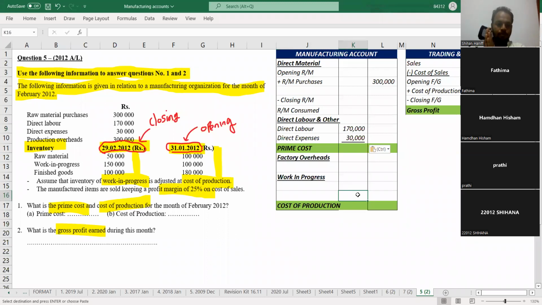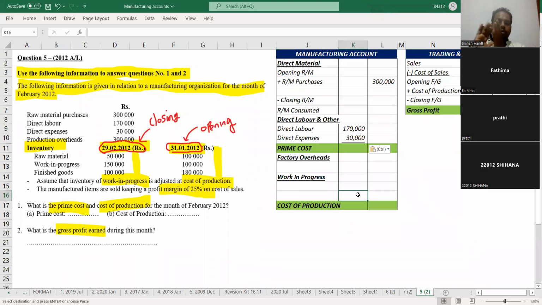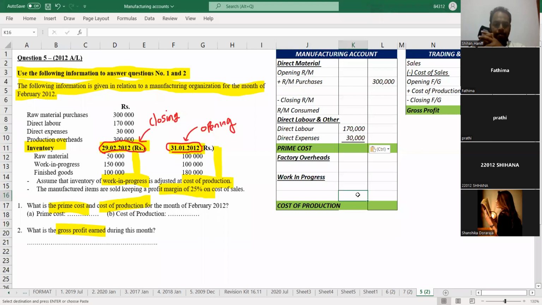Only thing is you need to know a few areas: the format, the increase decrease part, and taking from the manufacturing to the trading profit and loss. Production overhead. Opening close.